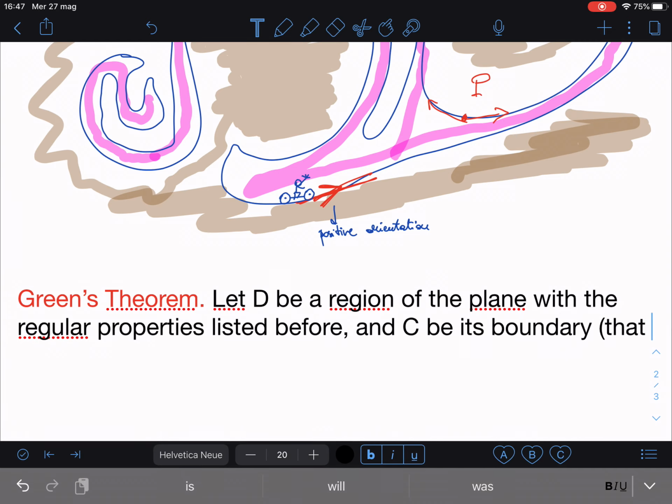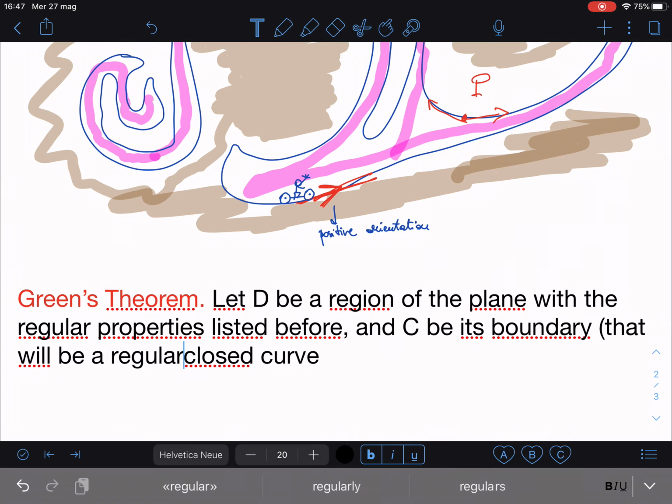That will be a closed curve. Not only a closed, but also a regular closed curve. Regular basically means that at every point there is a tangent vector. There are no corners, even though some corners sometimes will be allowed and we will use it.